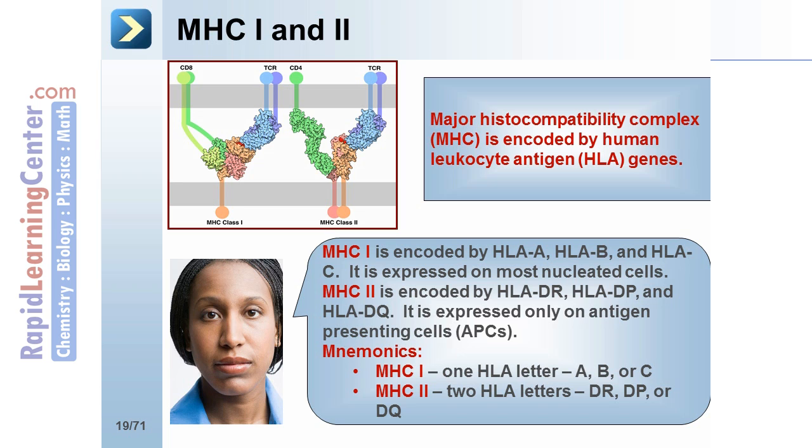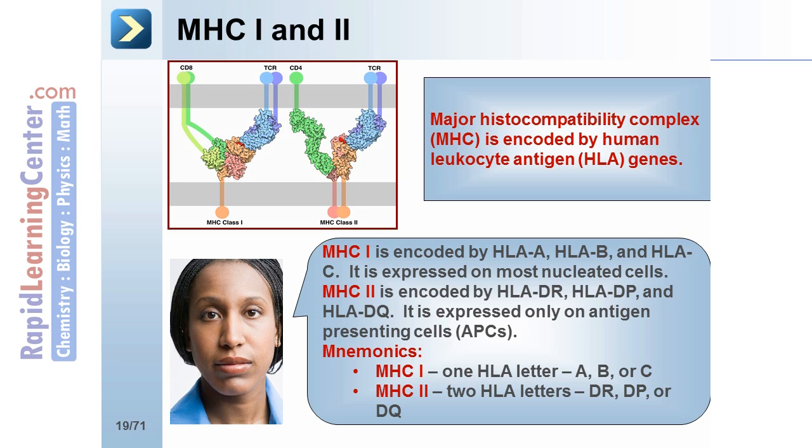MHC2 is encoded by HLA-DR, DP, and DQ. It is expressed only on antigen-presenting cells. The antigen is loaded in an acidified endosome and aids in T cell communication with B cells and macrophages.